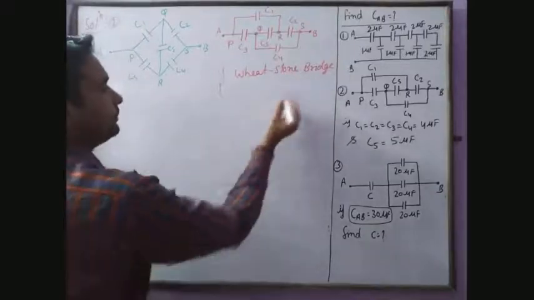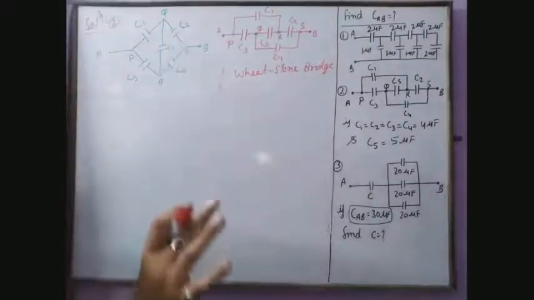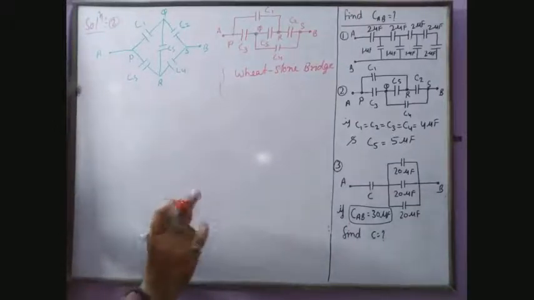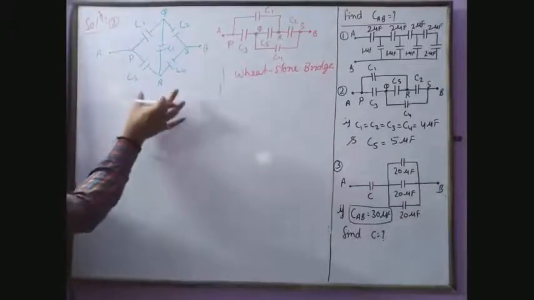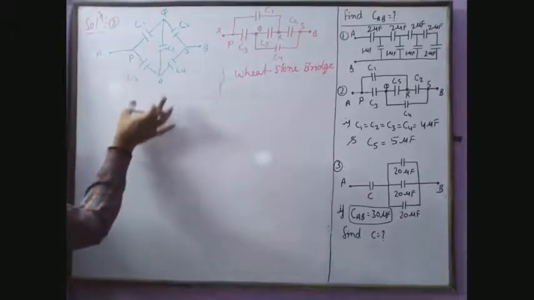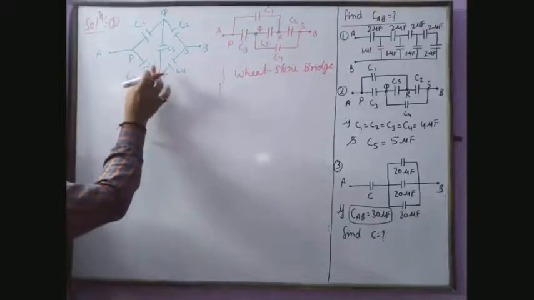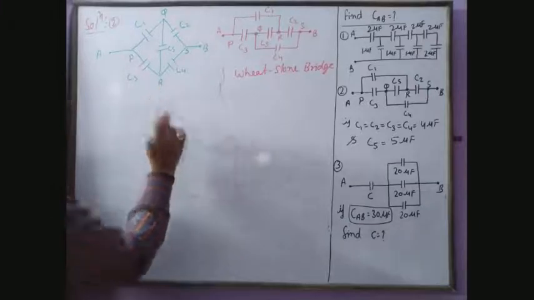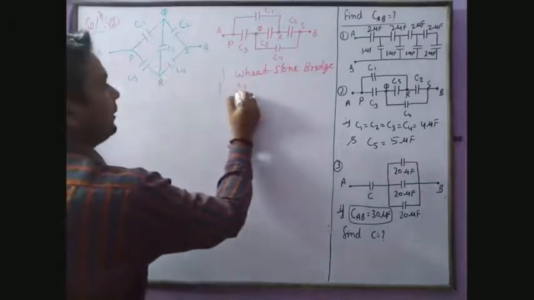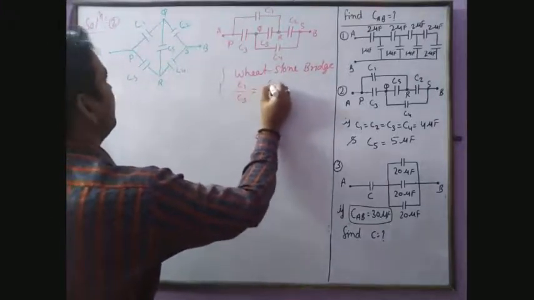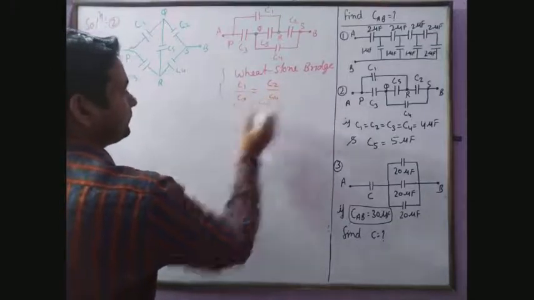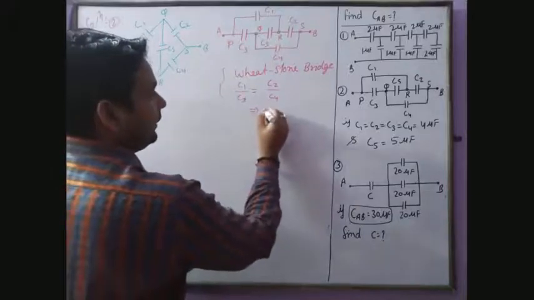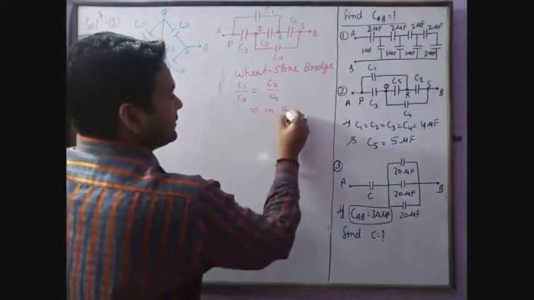According to him, if four elements are arranged along the sides of a parallelogram, and if the ratio of C1 by C3 is equal to C2 by C4, okay, then the bridge is called to be in balanced condition.